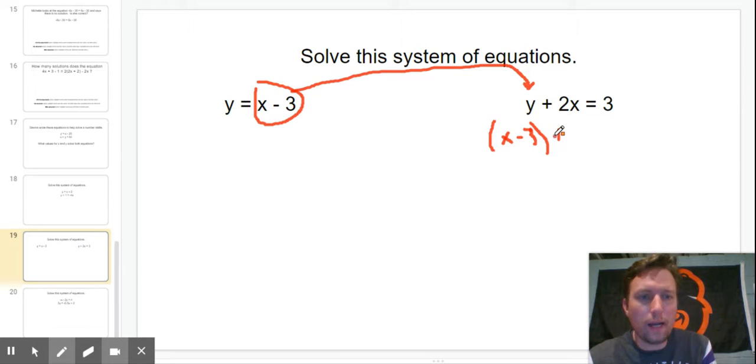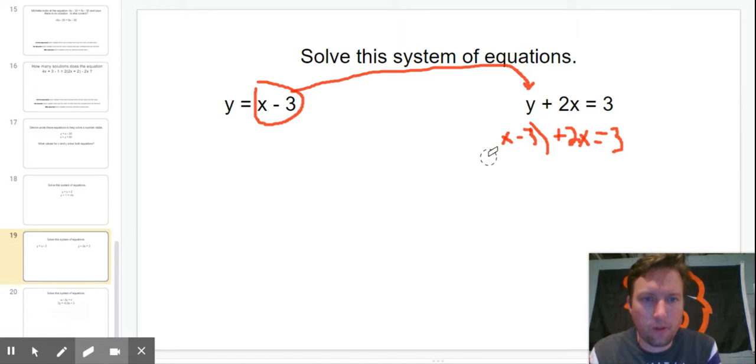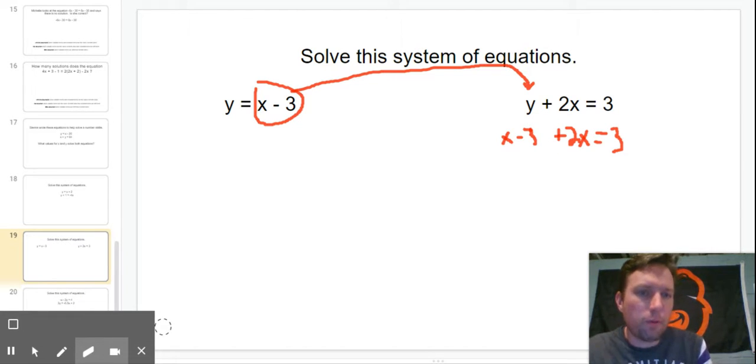Plus 2x, equals 3. So now I have one equation with one variable. I probably should not have included parentheses in this problem. So now I have x minus 3 plus 2x equals 3.